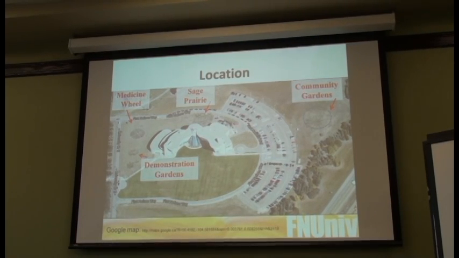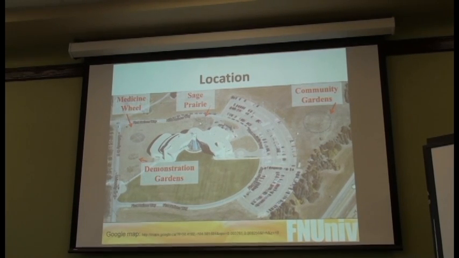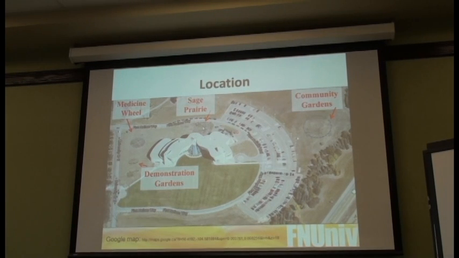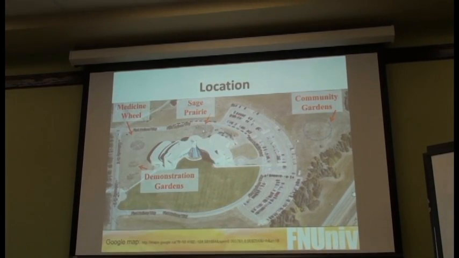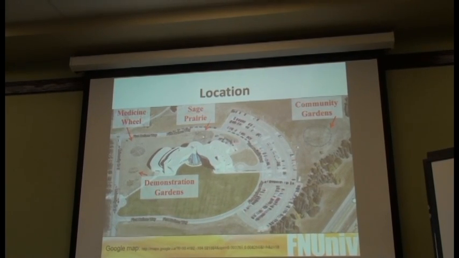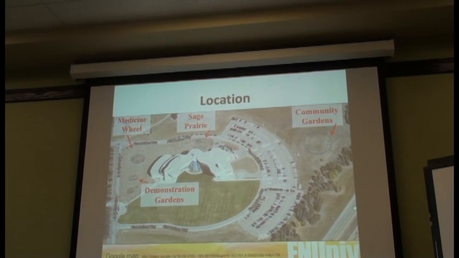We have an area here that we leave uncut during the summer. And we have lots of sage plants growing there, so people from the community can come and harvest sage for ceremonies. I'll also have some photos of the demonstration gardens.